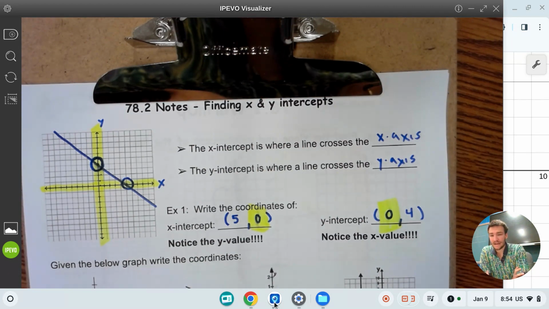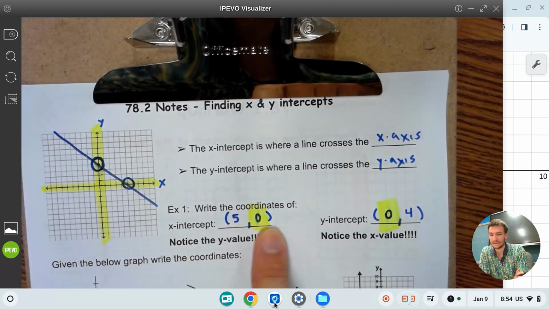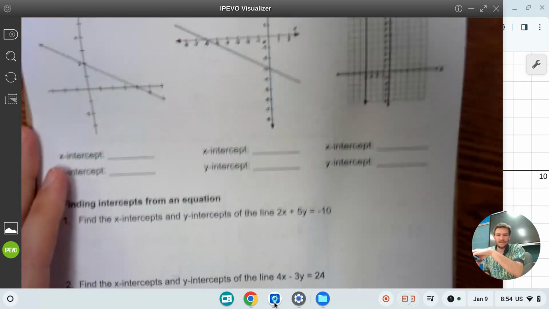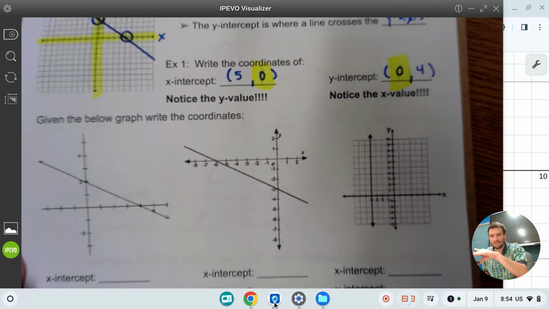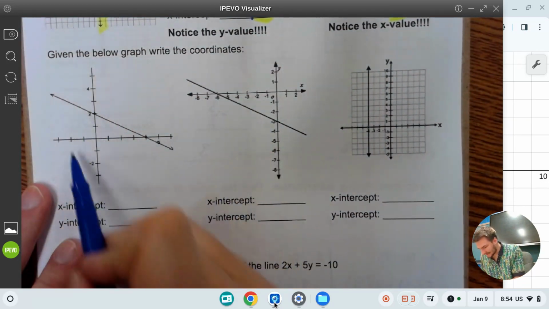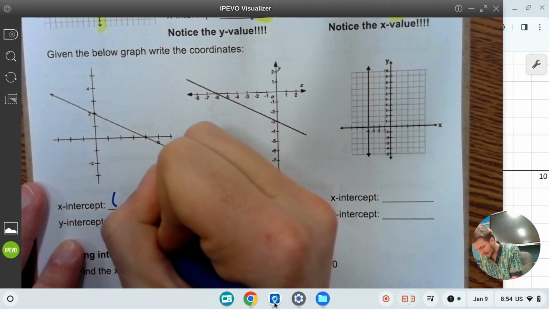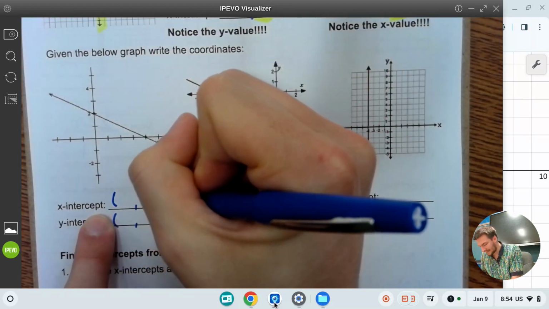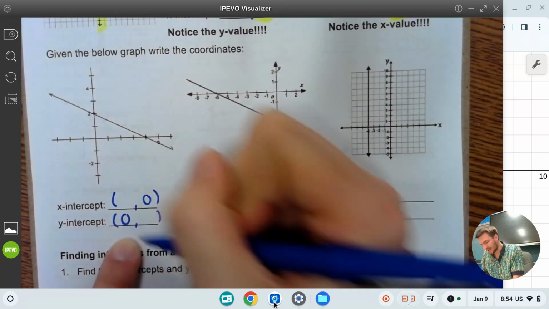You have these x-intercepts and y-intercepts, and for all of the x-intercepts, the y is going to be 0. For all the y-intercepts, the x is going to be 0. So what that kind of tells you is that when we go down here, and it says given the graph below, write the coordinates, we can look at this picture, and for our x-intercept and y-intercept, we know that the x-intercept is going to have 0 on the y, and we know that the y-intercept is going to have 0 on the x.